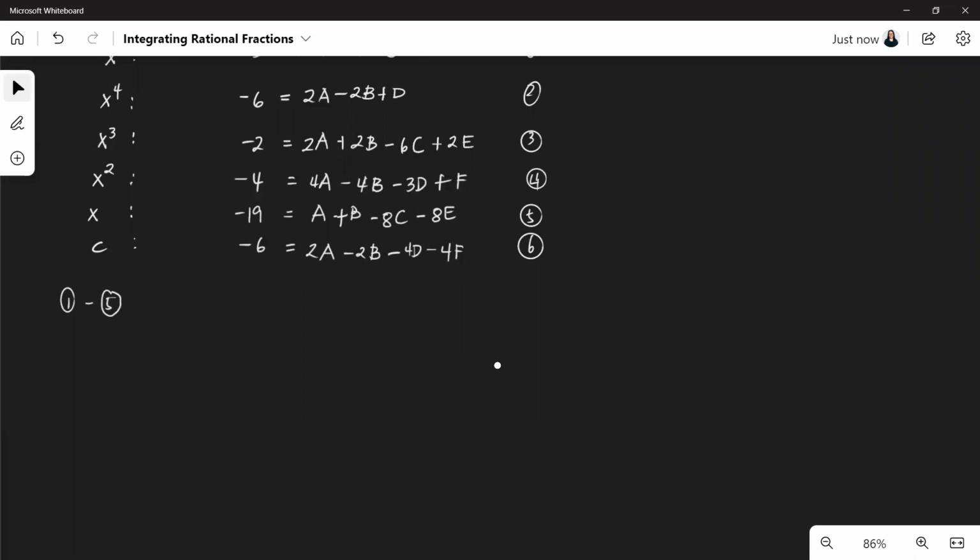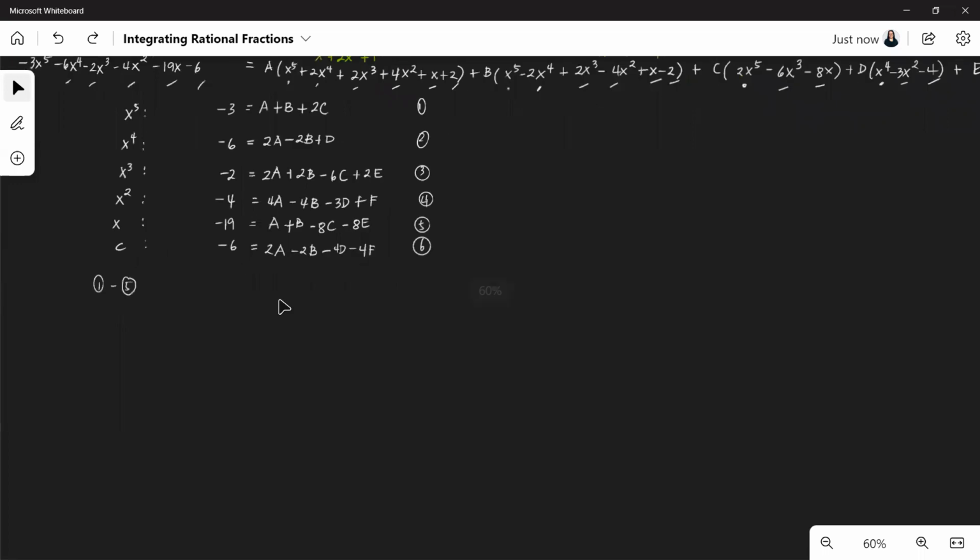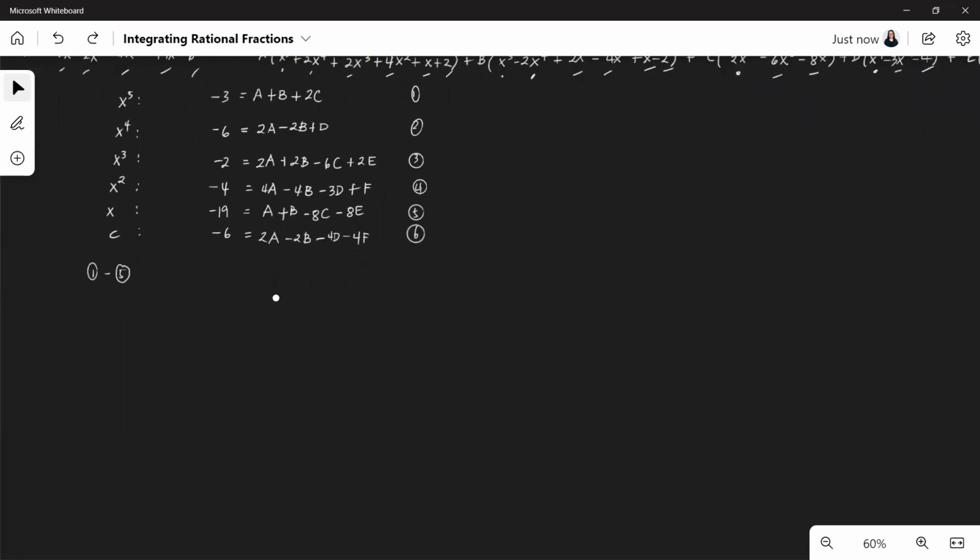So copying equation 1, that's negative 3 equals A plus B plus 2C, and you perform subtraction for negative 6, or rather not negative 6, that's negative 19. This equation equals A plus B minus 8C minus 8E.